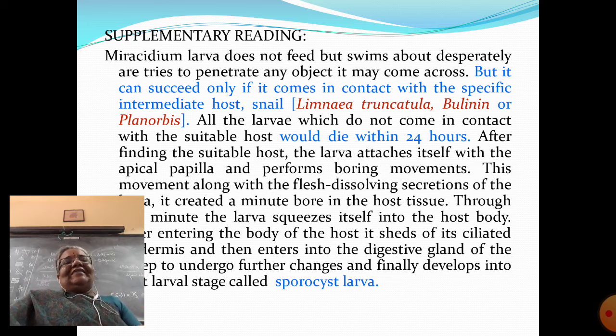Unfortunately, you are not studying the details of sporocyst larva in practicals. You may study it in theory, but it is not included in the syllabus. And this sporocyst larva further develops into the next larva, that is Redia larva. So this is for your supplementary reading. It does not contribute to the answer that you write in your exam.